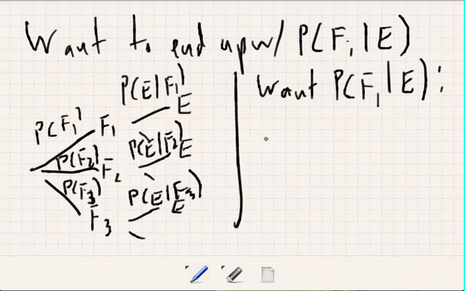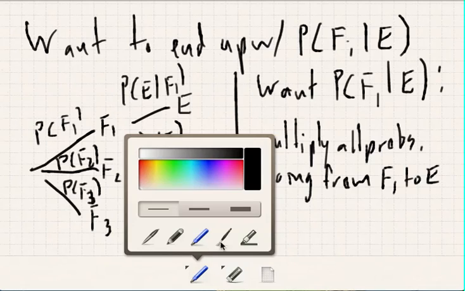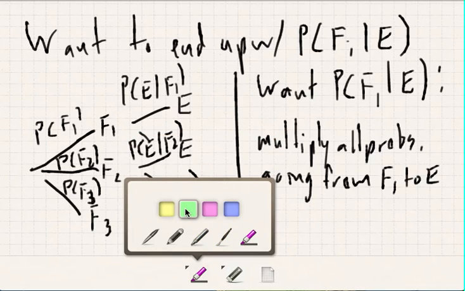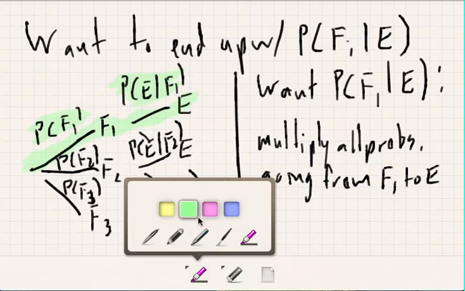I take the following. I multiply all probabilities going from F1 to E, and let me highlight what I mean by that. That means I take the probabilities for going from F1 to E, I multiply these probabilities, and I put that quantity on top.